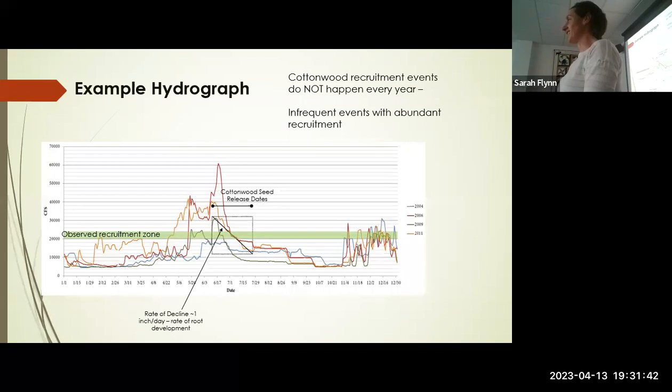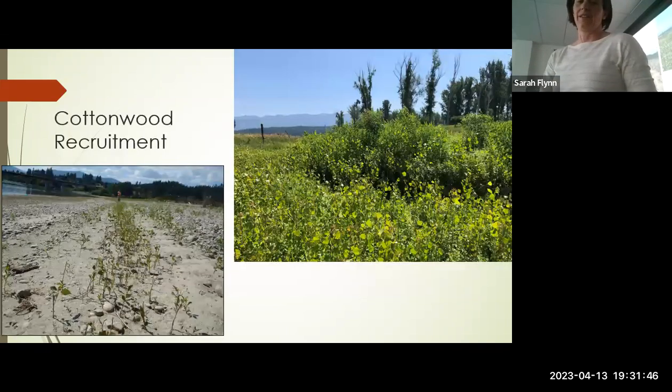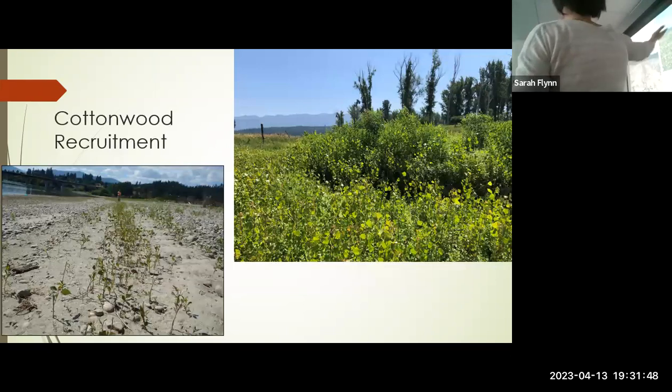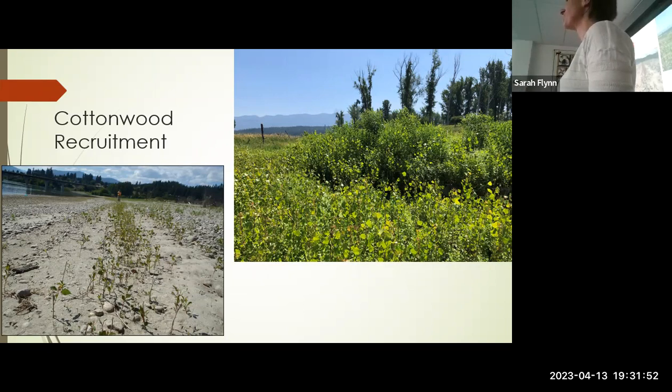So they're trying to take advantage of those years when they get a good flow, and you can have a forest. And so this is one of the strategies that we really like with revegetation, is let nature do its work. Set the stage and hope that you can get a year where you get a good flow. So that's one of our main strategies in these riparian areas, is to really try to take advantage of that natural process.